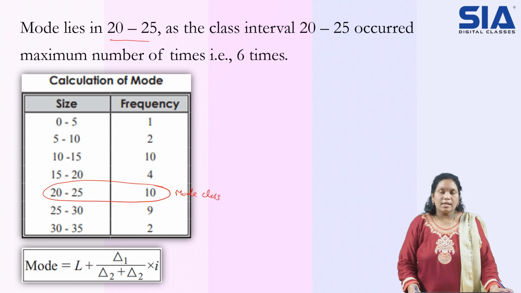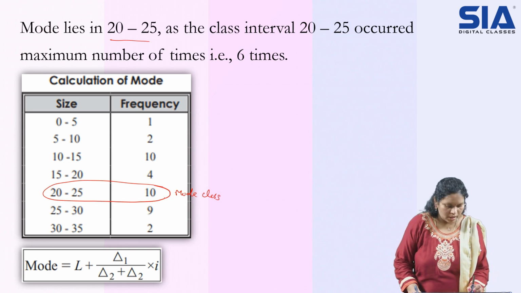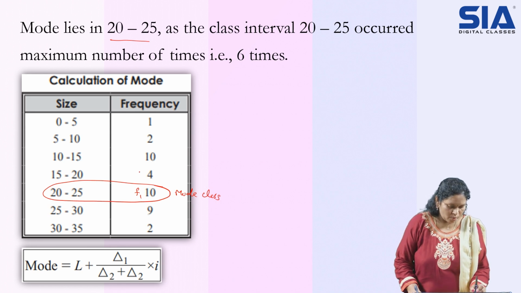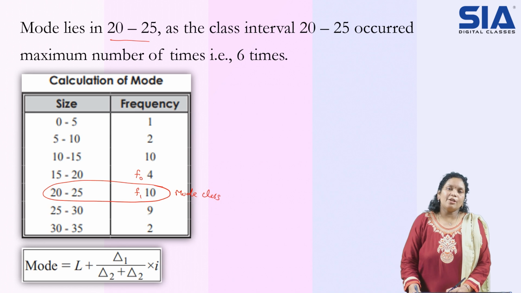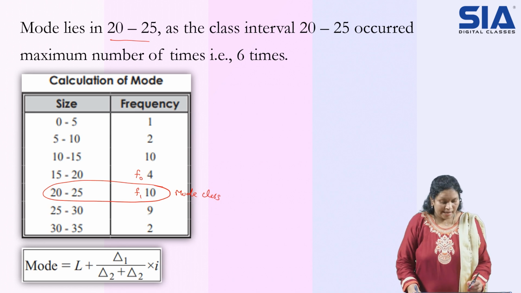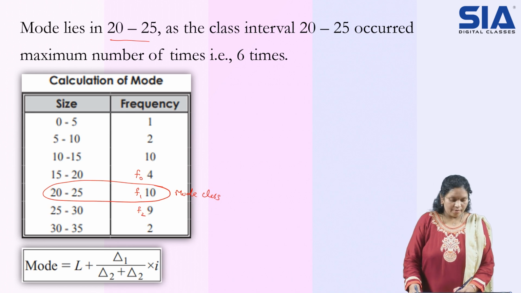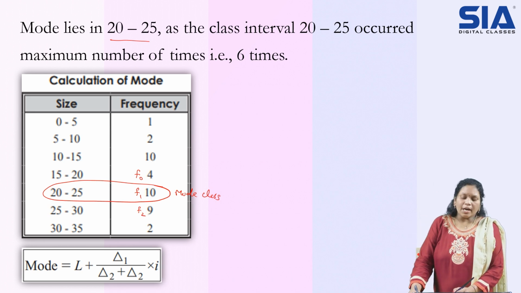Now we got the mode class, right? Whatever the mode class we got, that particular 10 becomes F1, exact F1. Then the value above becomes F0, the preceding value. PCF we will write, right? So like that, the preceding value is F0. Next, F2 is the succeeding value from F1, that is the mode class.